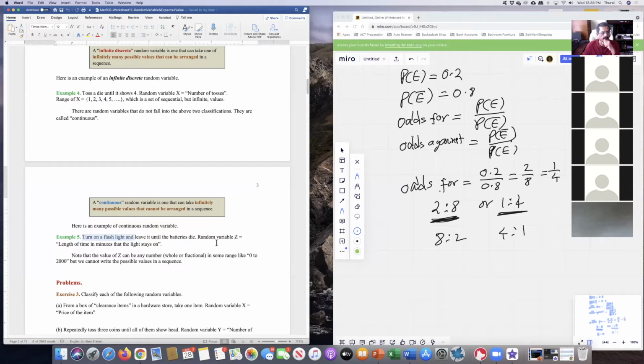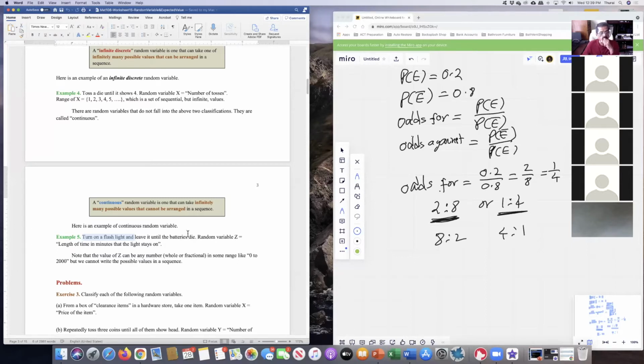And the random variable Z represents length of time it takes to die. That length of time could be 0.1 minute or 1900 minutes. We don't know, right? And it can be a fractional number.